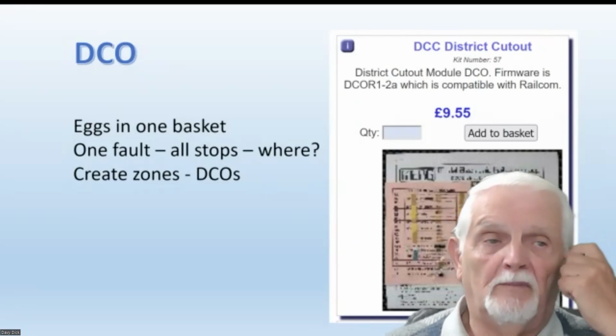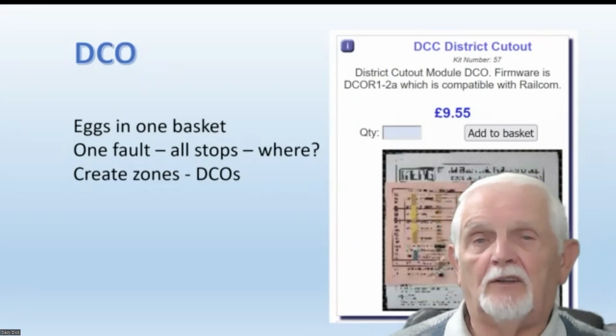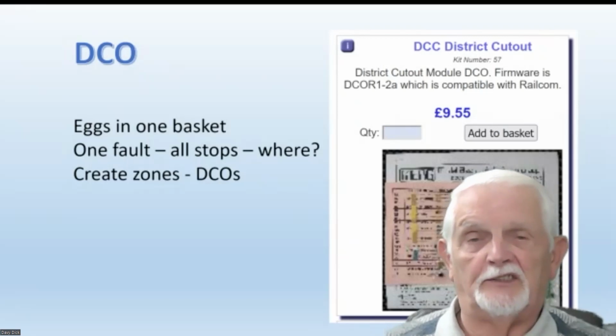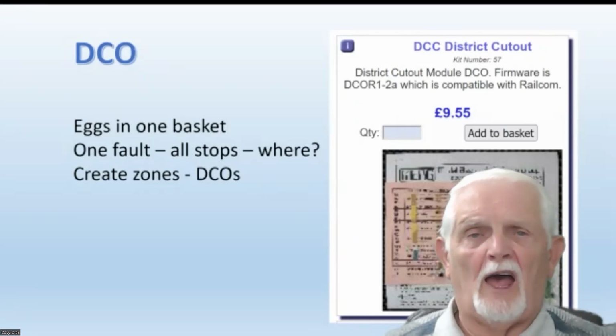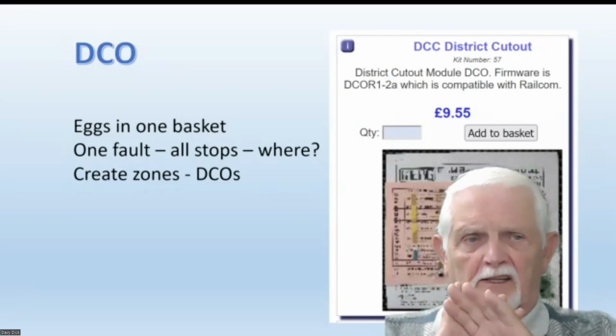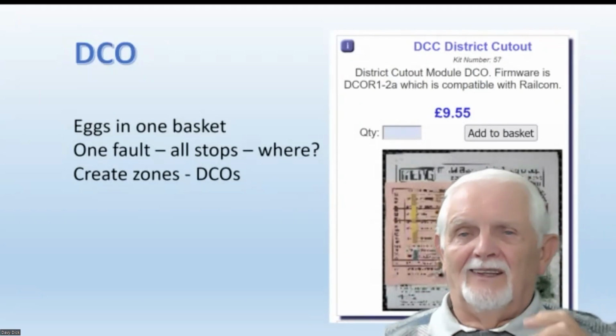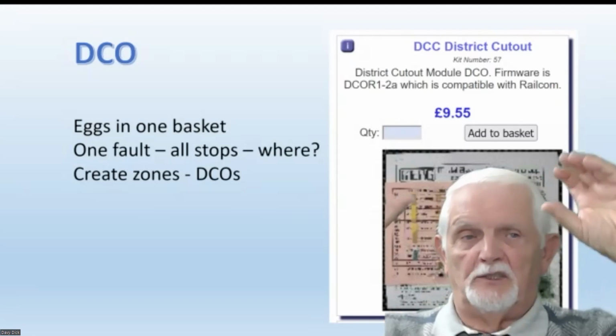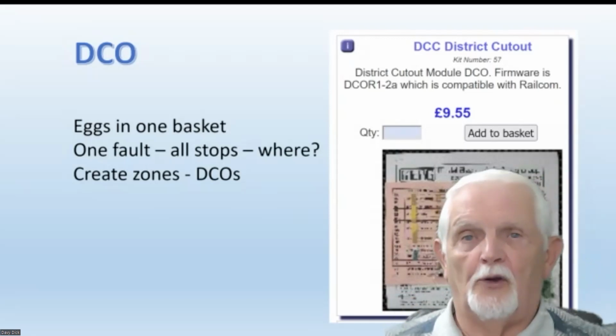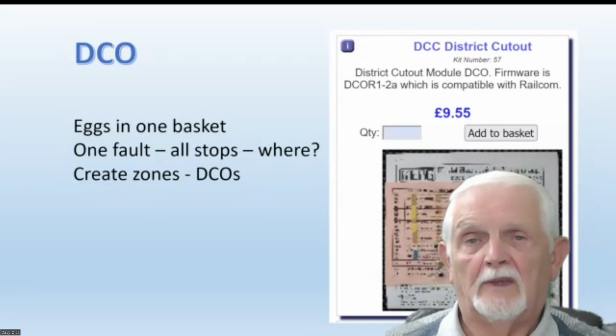And luckily, that's where Merg come in with a district cutout. Because what they say is, instead of having the command station feeding the entire track, which is the normal, let's cut it into zones, isolate each section, and have each section go through a district cutout.